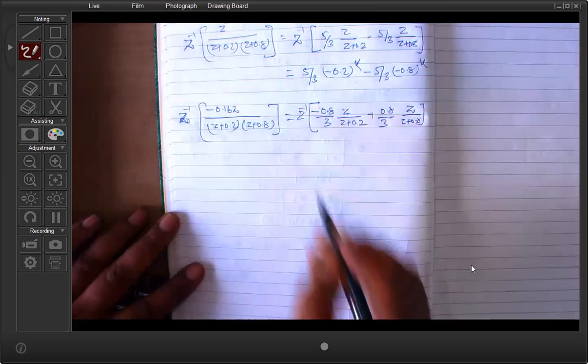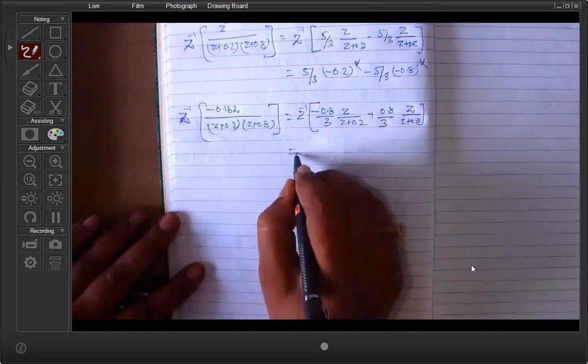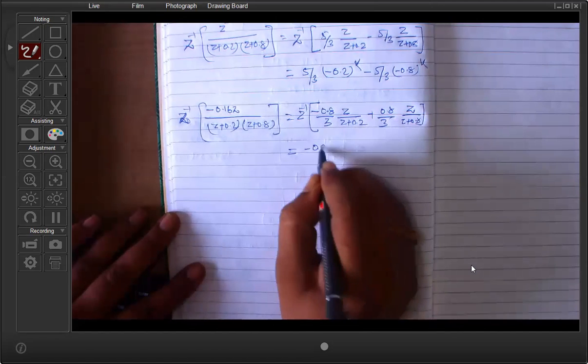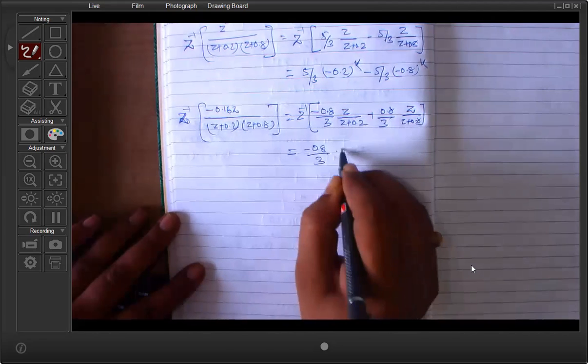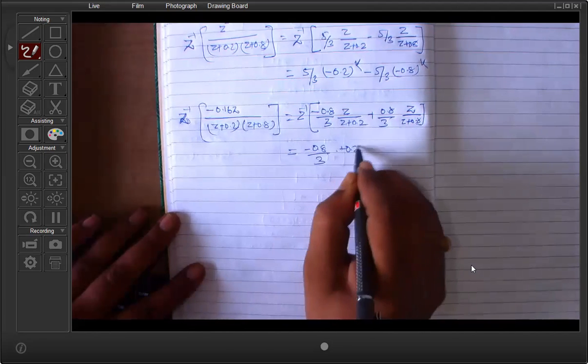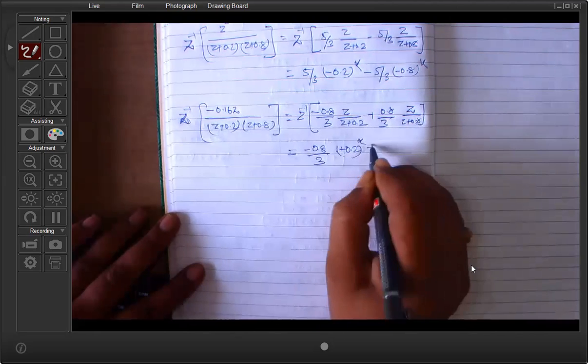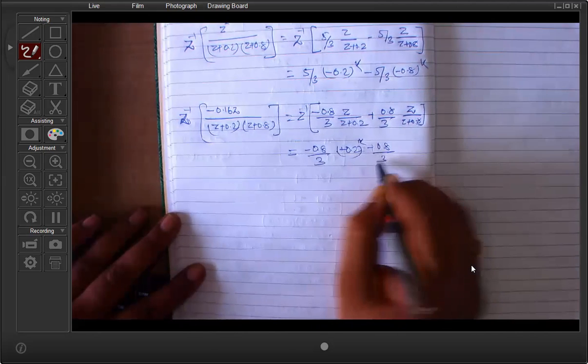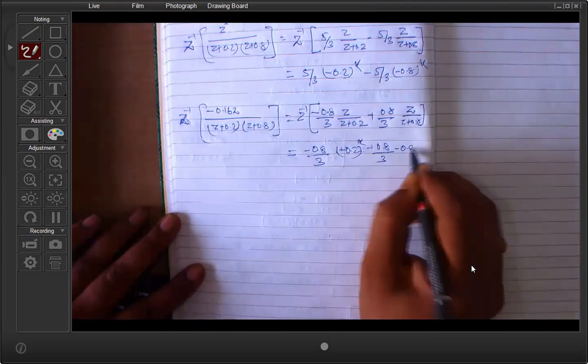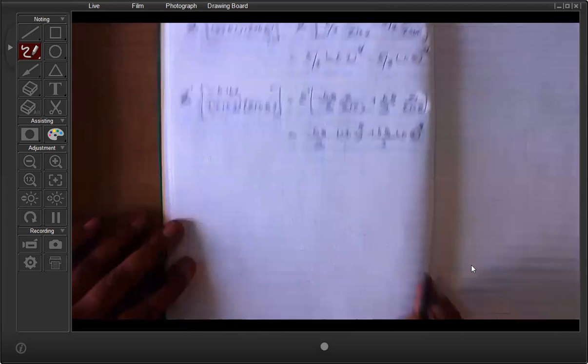The z inverse becomes minus 0.8 by 3 into (minus 0.2) to the power k plus 0.8 by 3 into (minus 0.8) to the power k.